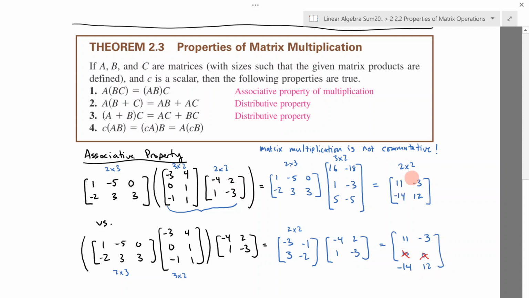And we see that these two are the same. Okay, so you can see that, again, when multiplying a bunch of matrices together, the order doesn't matter. So the intermediate calculation might look different, but the end result still results in the same matrix.